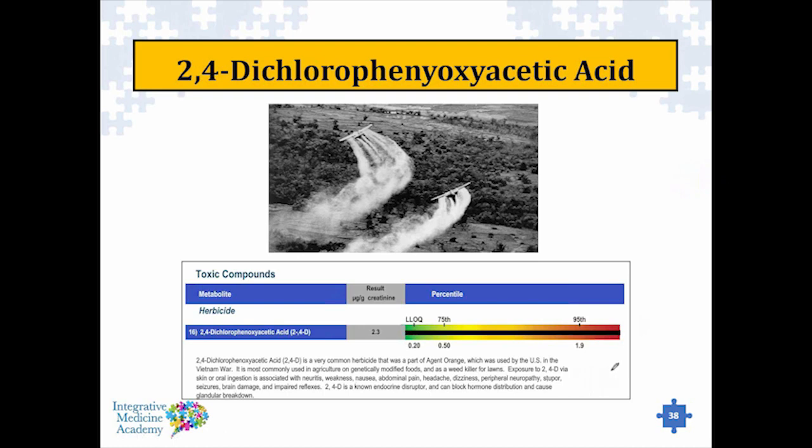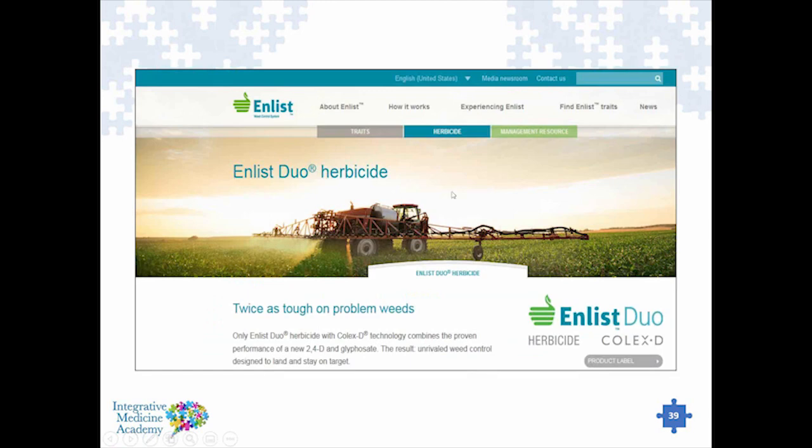Peripheral neuropathy, headaches, dizziness, seizures, brain damage, and it's even now being linked to amyotrophic lateral sclerosis, also called ALS or Lou Gehrig's disease. It is now also being combined with glyphosate. Okay, so it's a compound that here in the United States is fairly common to be exposed to.